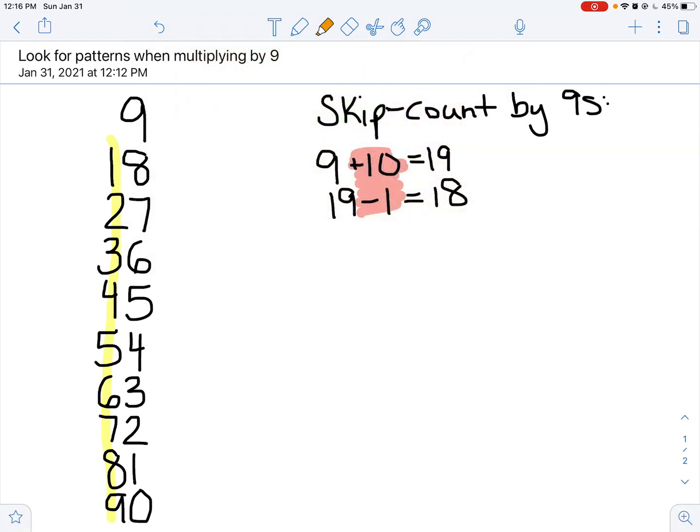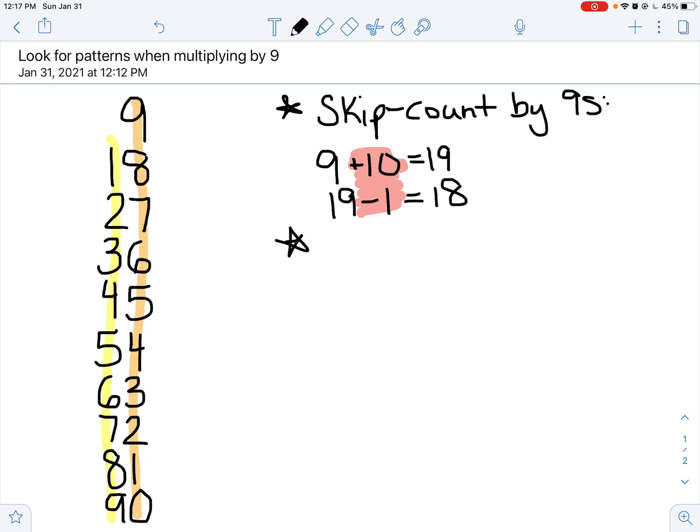Now I'm going to look at the ones place, and look what I notice in the ones place. 9, 8, 7, 6, 5, 4, 3, 2, 1, 0. Whoa, super cool. So I see that my tens go up by 1. Look at that. The tens go up by 1. The ones go down by 1.